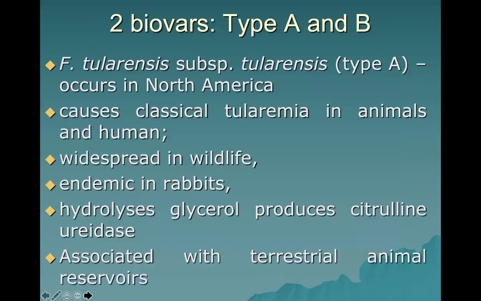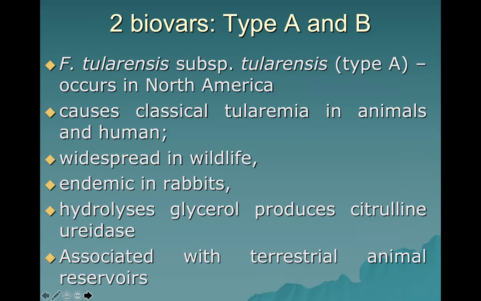There are 2 biovars of Francisella tularensis, biovar type A and biovar type B. Francisella tularensis subspecies tularensis is known to be the type A biovar, which is known to occur in North America. It causes the classical tularemia in animals and human.